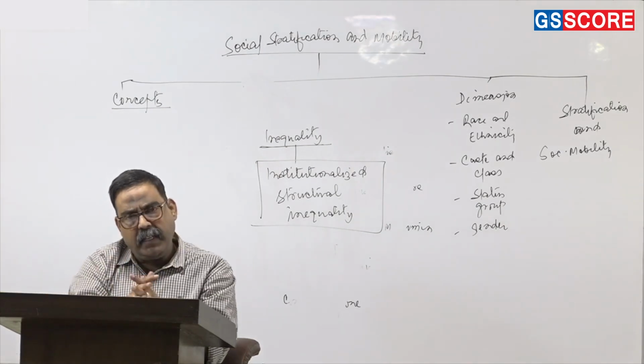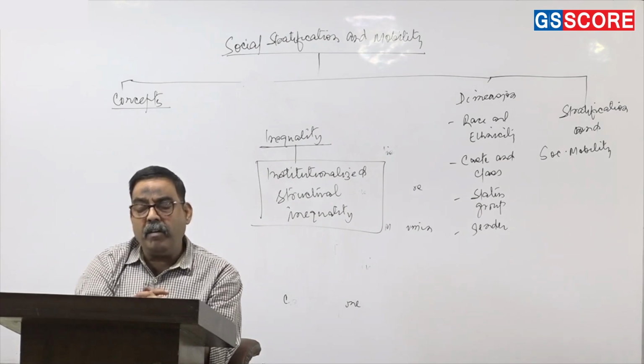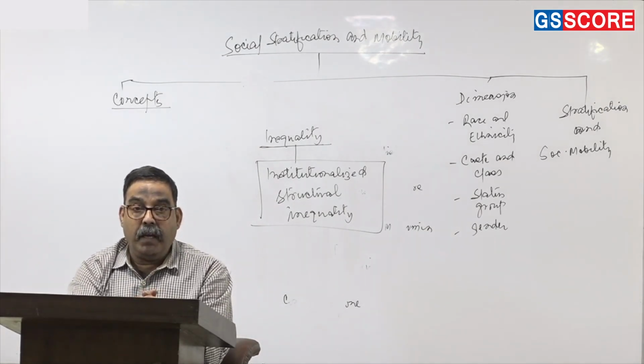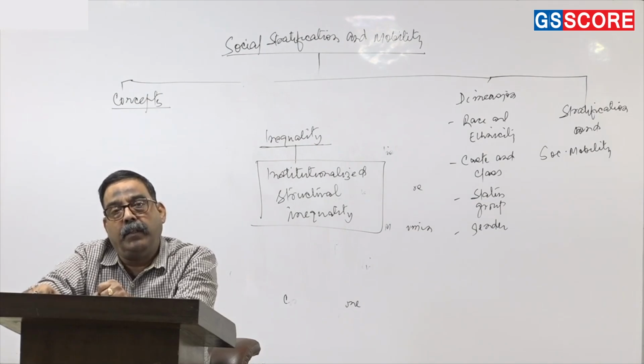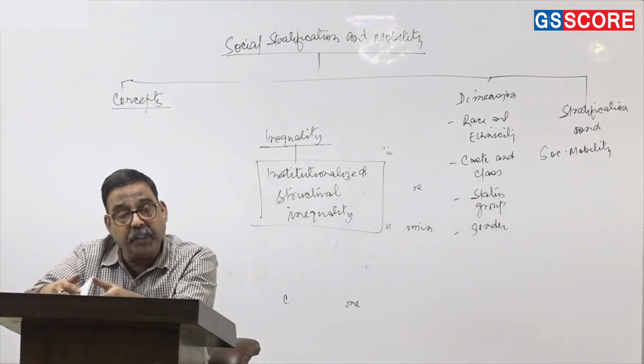And he tries to define class here. Class is a group of people who stand in a common relationship to the modes of production, in which they gain their livelihood. Common positions in the modes of production.